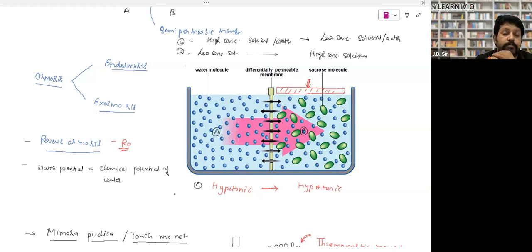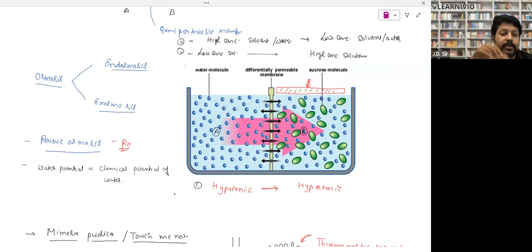Full stop. In exosmosis, the osmotic withdrawal of water from a cell, organ, or system takes place. What is endosmosis?